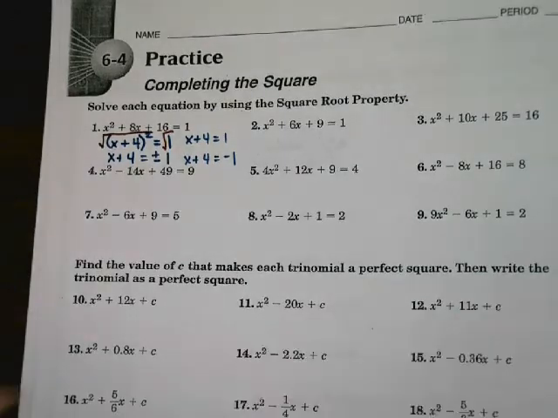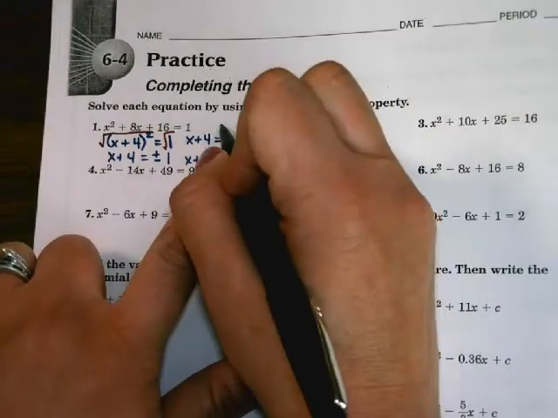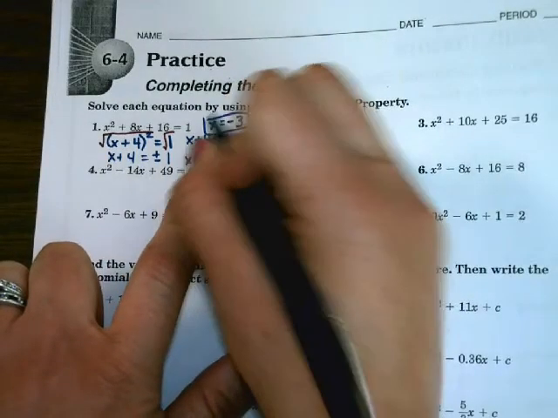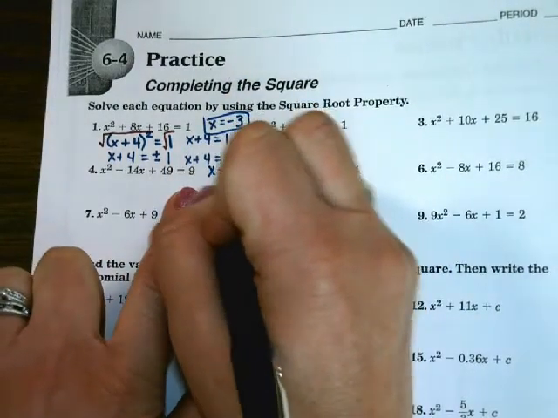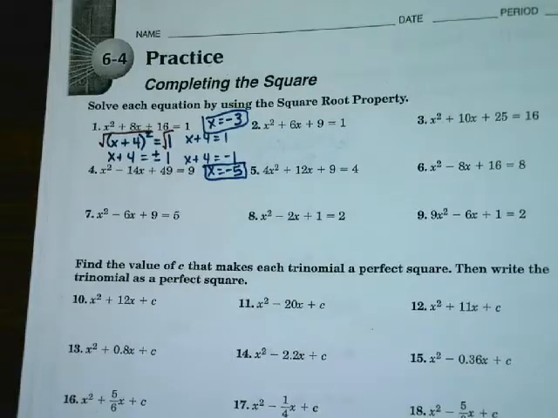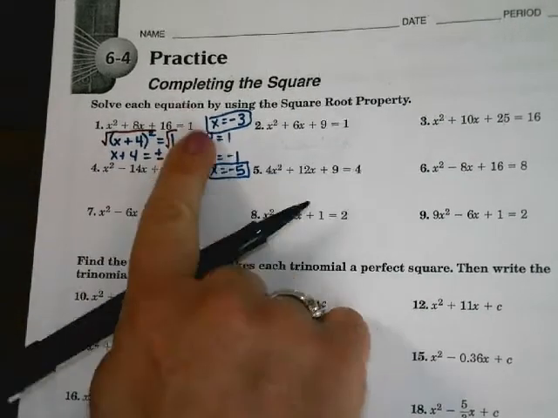Okay. Now I'm going to subtract 4. So x equals a negative 3. Or x equals a negative 5. So that first section is already done for you. Okay? It's already written as a perfect square. You just have to factor it and simplify.